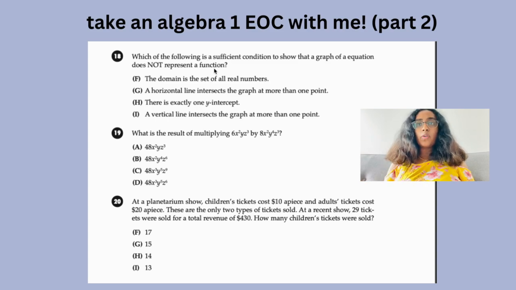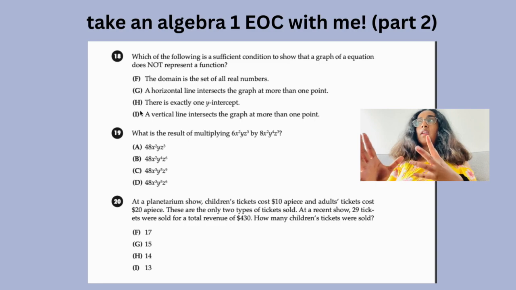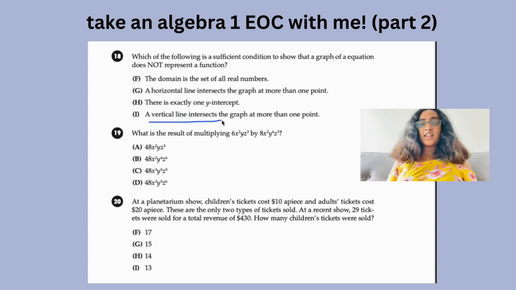If the y's for an x is more than 1, you do not have a function. And what we can use to determine if the y's for an x is more than 1 is the vertical line test, which it says right here: a vertical line intersects the graph at more than one point. If that happens, then we do not have a function.